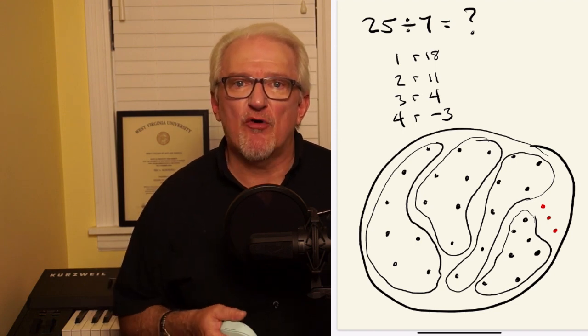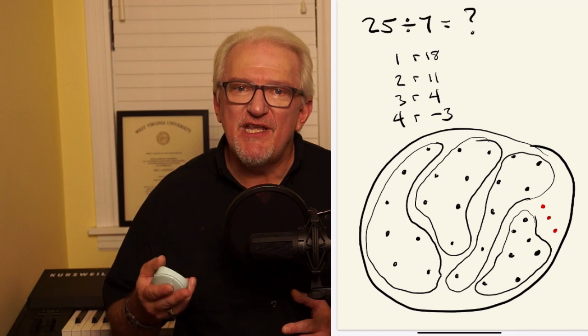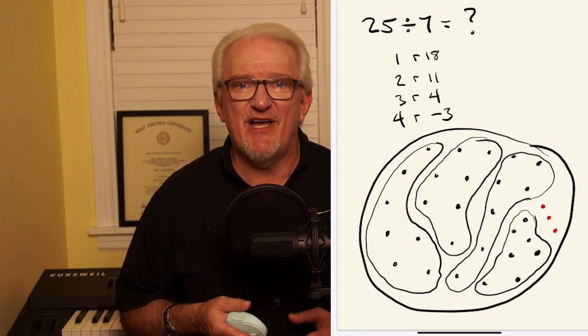Often, whenever a mathematical question has multiple correct answers, mathematicians like to establish a way of identifying one unique solution that represents all of them. Which of these many solutions that we've identified would you choose as the one most natural to represent 25 divided by 7? Well, the solutions with negative remainders seem rather contrived.